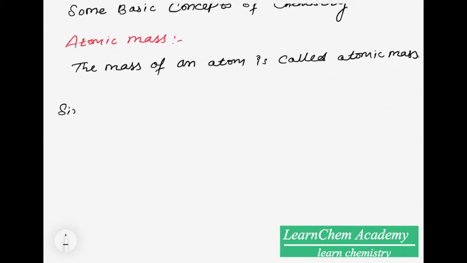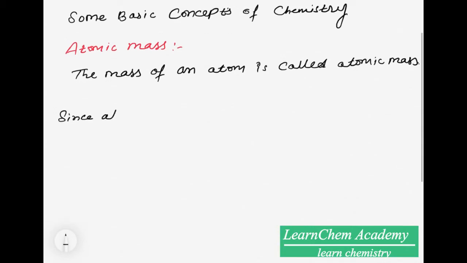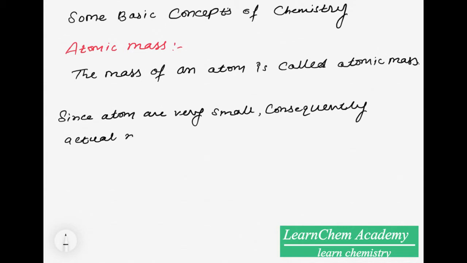So we can write: since atoms are very small, consequently the actual mass of an atom is very small.